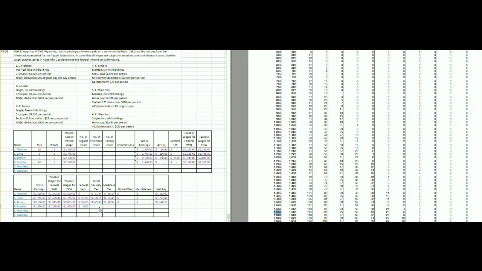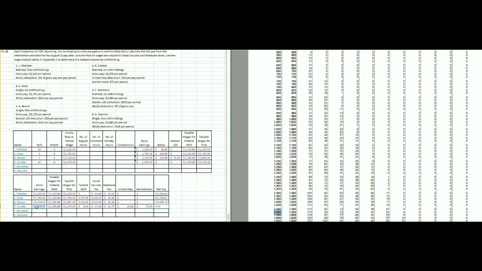Our Social Security tax calculation has not changed. It's taxable wages for FICA times 0.062, and our calculation for Medicare has not changed. It's taxable wages for FICA times 0.0145. He has a United Way contribution of $25 and a garnishment of $75 per pay period.